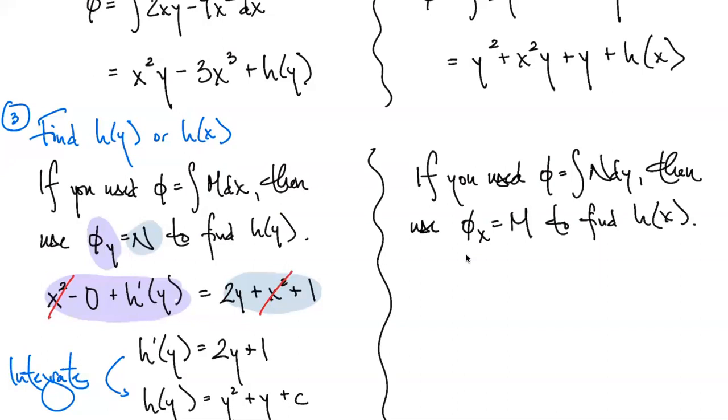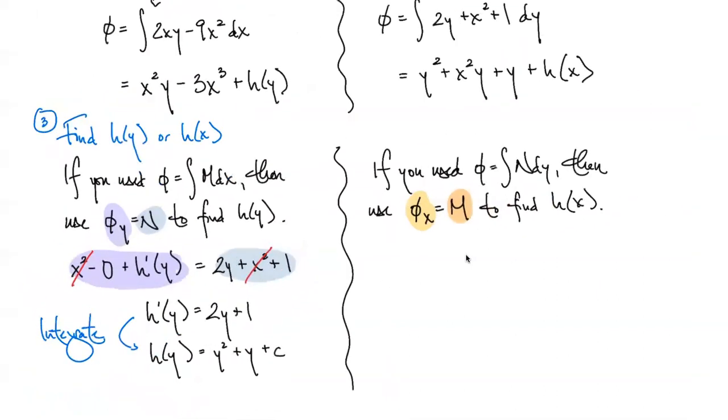So you can see that we're sort of switching this up. We're looking for phi sub x now, and we're setting that equal to m. Now, how are we going to find phi sub x? We're going to take our phi and we're going to take a derivative with respect to x. And so that turns out to be 0 plus 2xy plus 0 plus h prime of x.